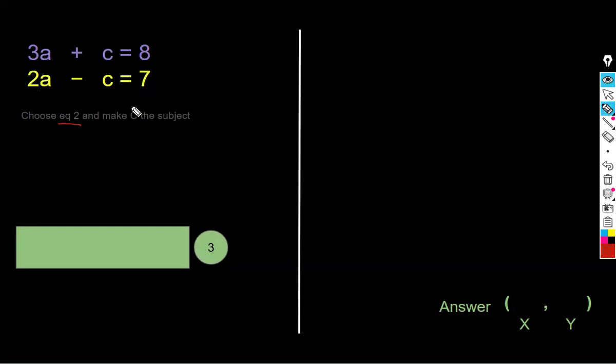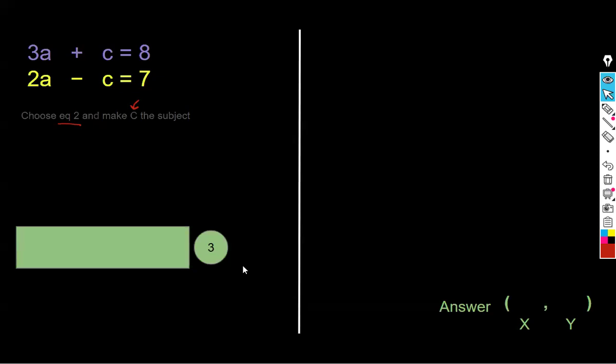That's the yellow one. And make C the subject. Once again, even if you don't follow my instructions, you can still get it correct. However, you might want to follow my instructions, so when I'm working it out using this particular method, you'll be able to spot your mistake. Once again, 5 minutes. Good luck.